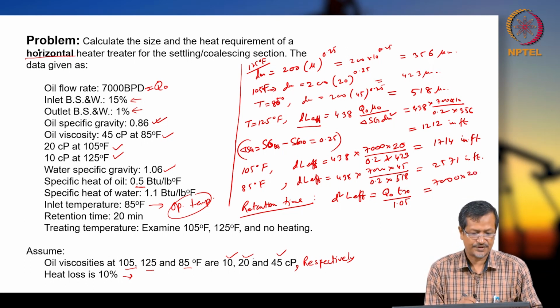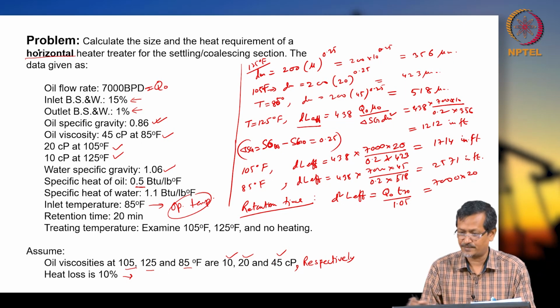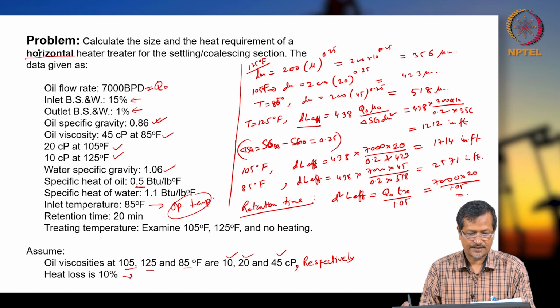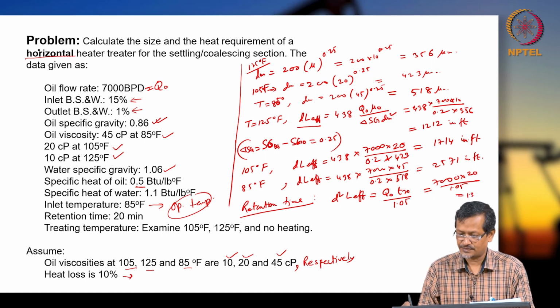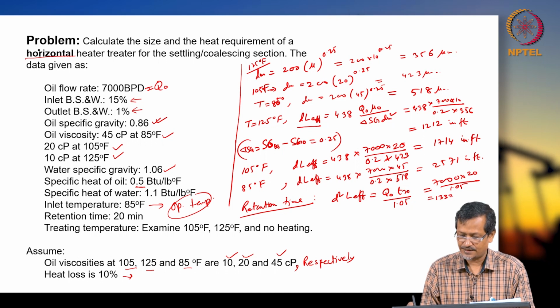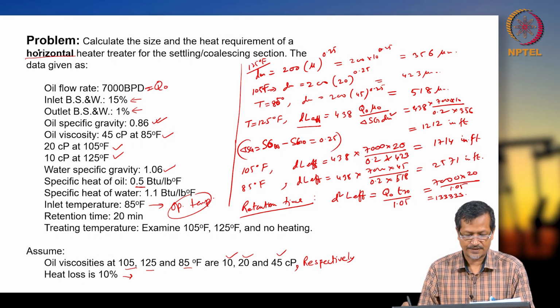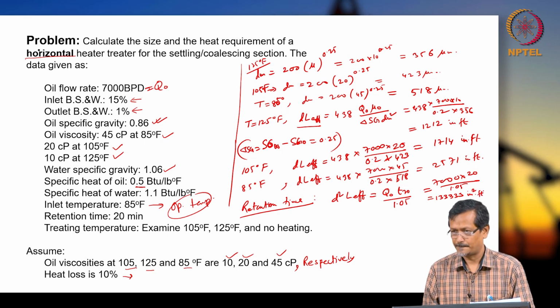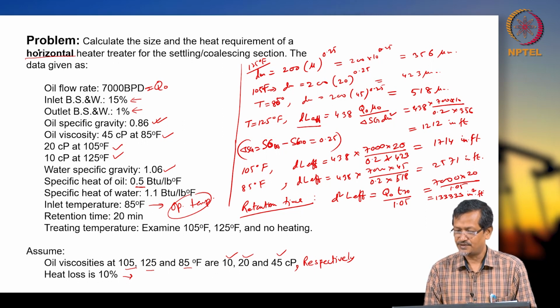You see the question, retention time is 20 minutes is given. So divided by 1.05, this value is coming 13333, so many threes, 1 2 3 5 threes, inch square into ft. d square term is there, so it will be inch square.